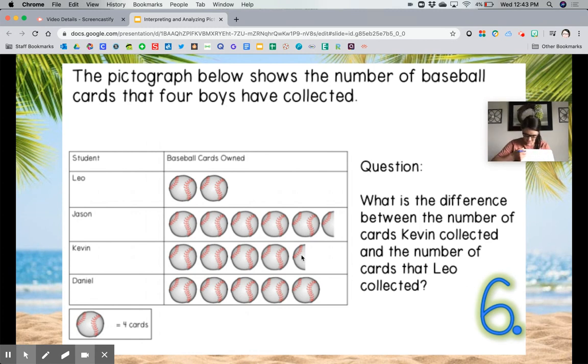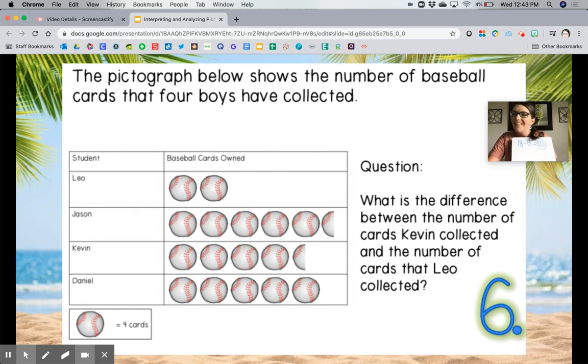So Kevin had 18 cards that he had collected, and Leo had 4, 8. So Leo had collected 8. So 18 take away 8 would be 10. So the difference between the number of cards that Kevin collected and Leo would be 10 cards.